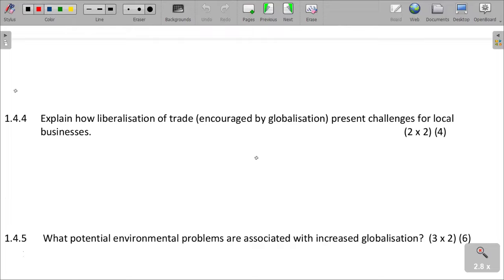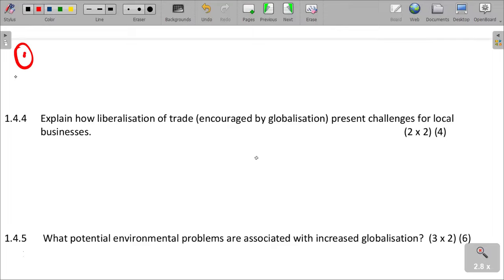We are looking at the challenges, the reasons businesses suffer from globalization. One, foreign competitors have advantages, which makes it difficult for local businesses to compete.